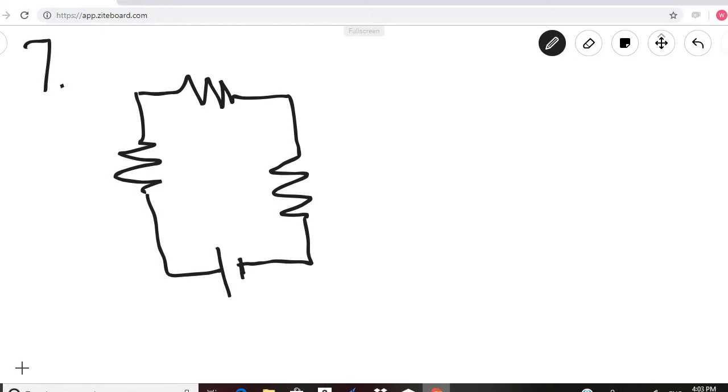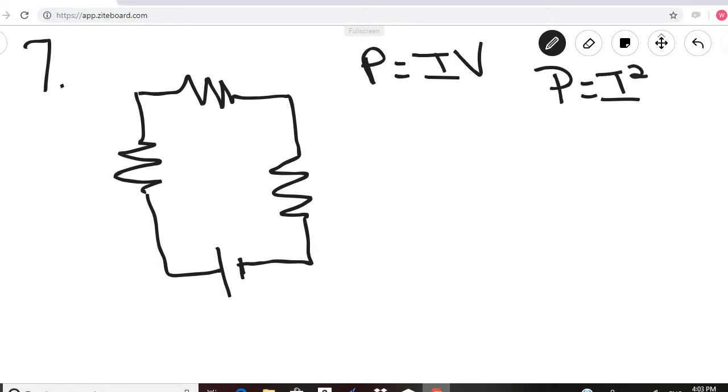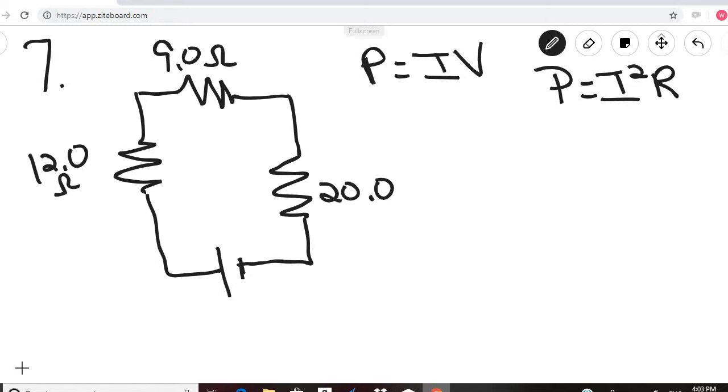So the formulas that we have for power are I times V or I squared R. Okay, so we are given, so this is 12.0 ohms. This one is 9.0. And this one is 20.0. And then we're told that the power source is 9.0 volts.